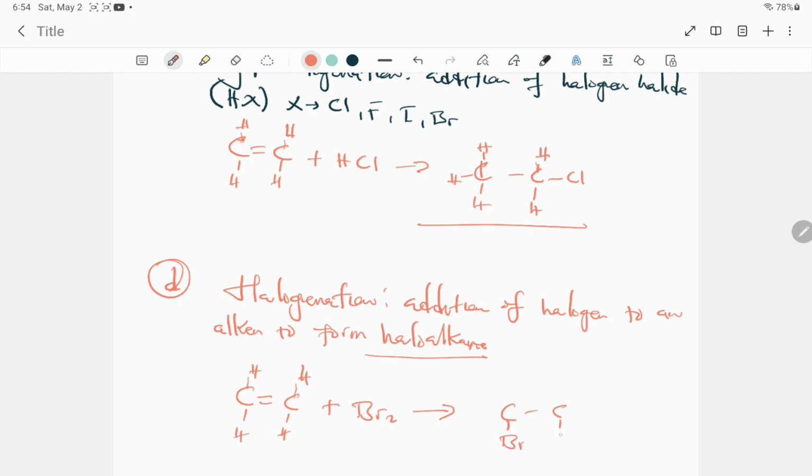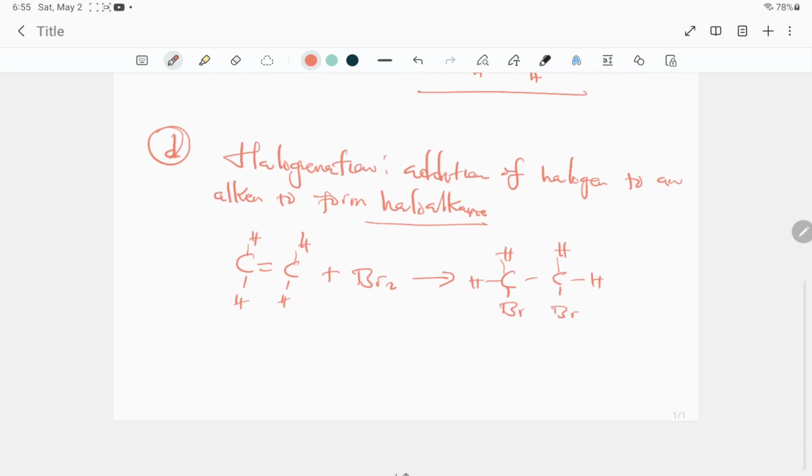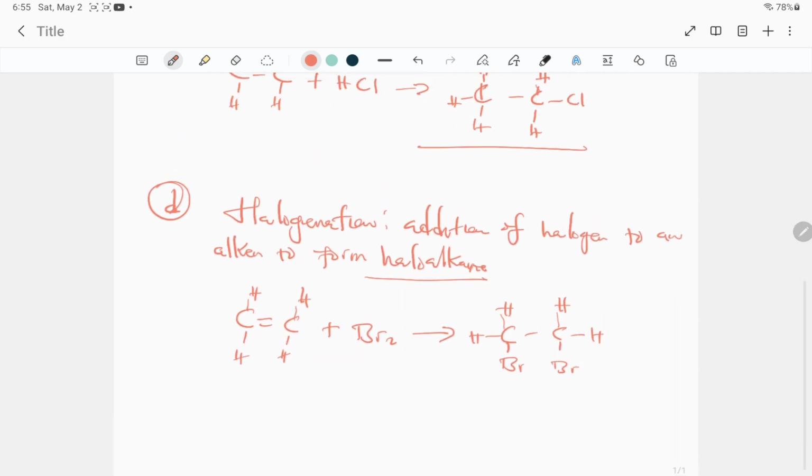So bromine. Then we have this hydrogen. This one has its own specific name. We'll look at the identification of alkenes from alkanes by using bromine.